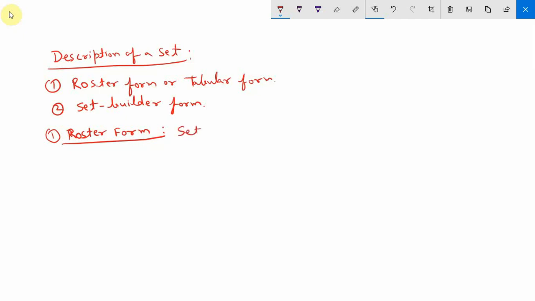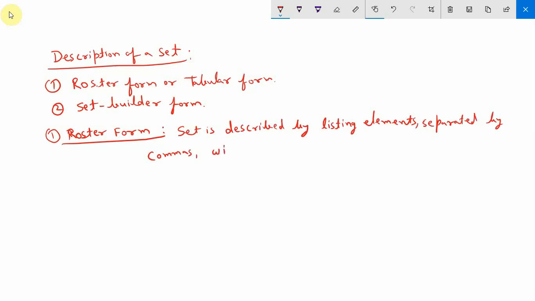So in this, a set is described by listing elements separated by commas within braces. So this is your roster form.